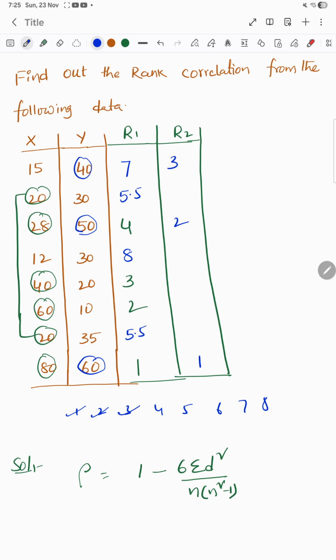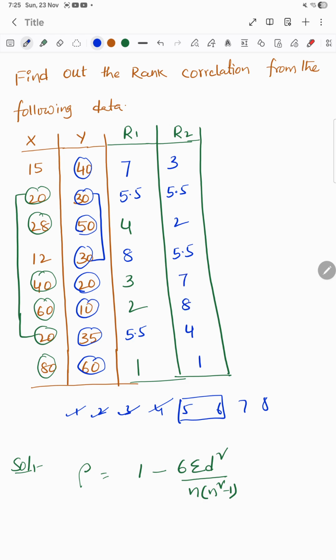Next highest is 35, fourth rank. Next is 30, but 30 is repeated 2 times, so we take the next 2 ranks, 5, 6, and the average is 5.5 for each. Next is 20, 7th rank, and 10, 8th rank. Like this, we complete the ranking process.